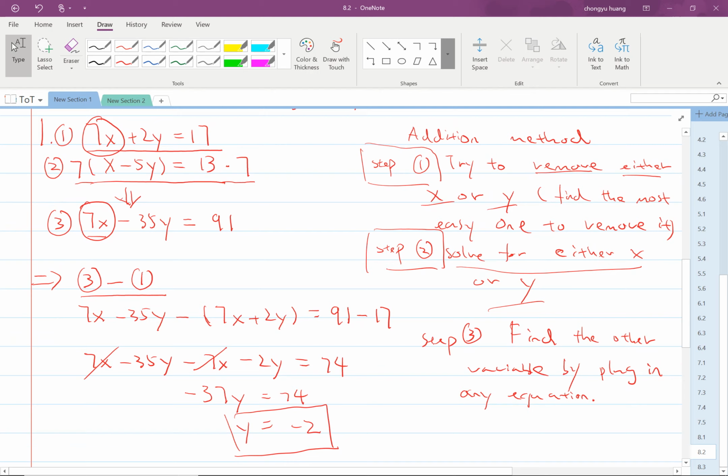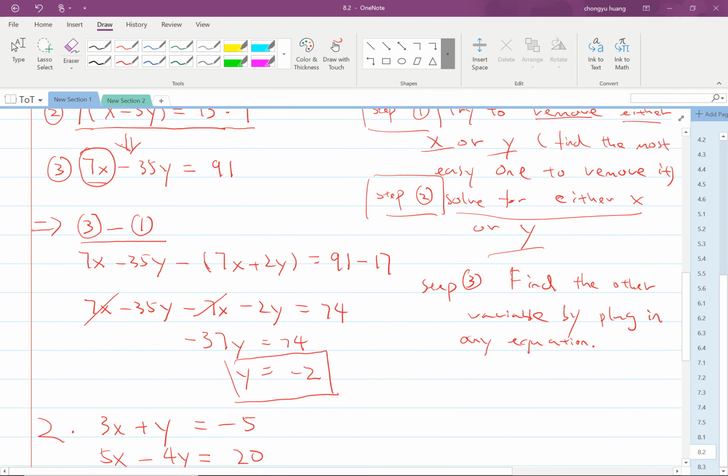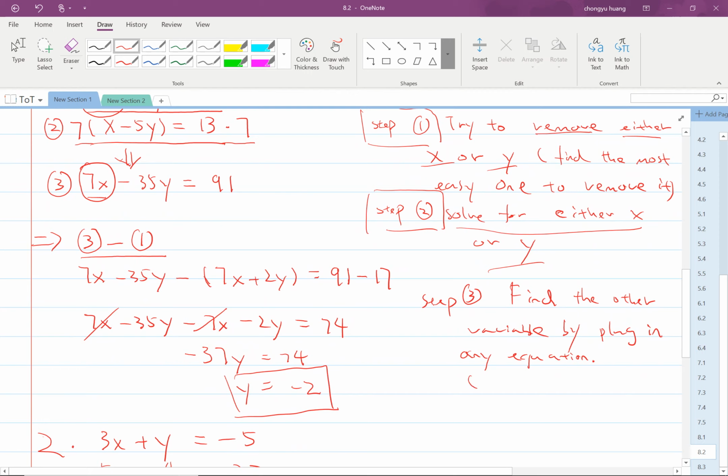You would be getting the same value. But when you actually plug in, the thing you need to keep in mind is to plug into the easy equation.